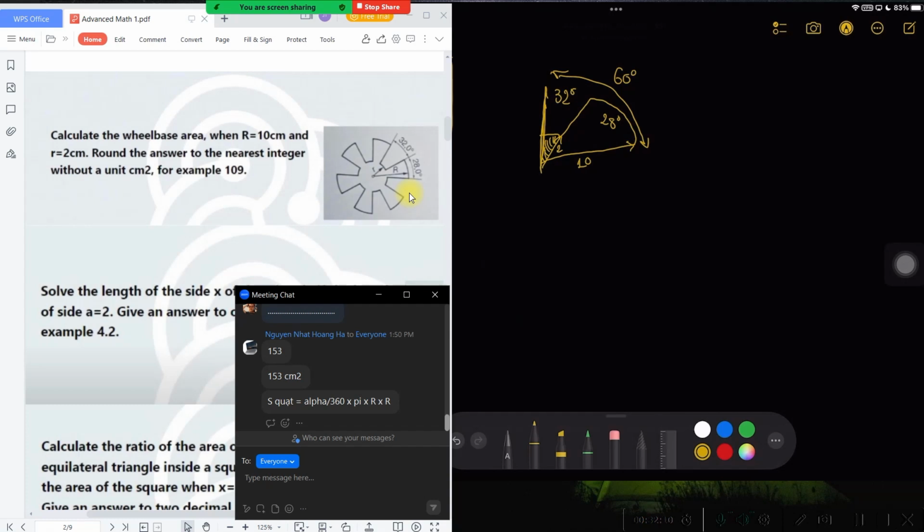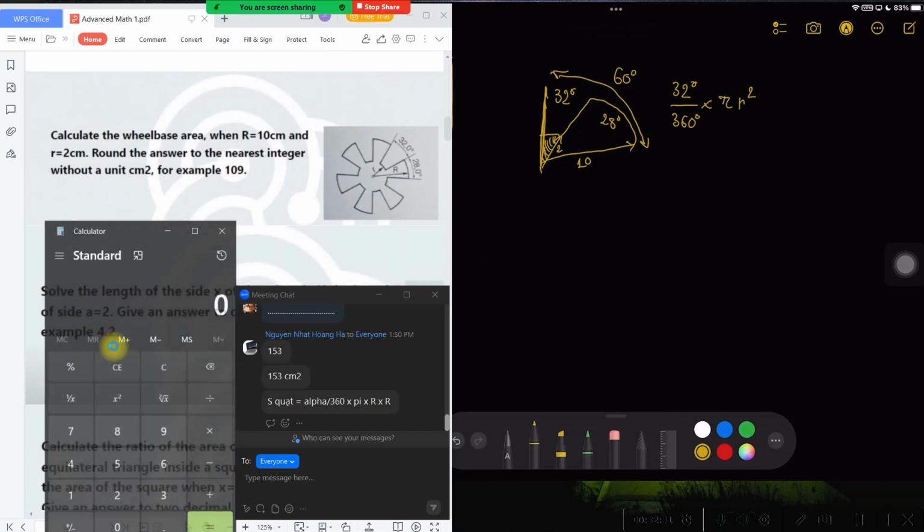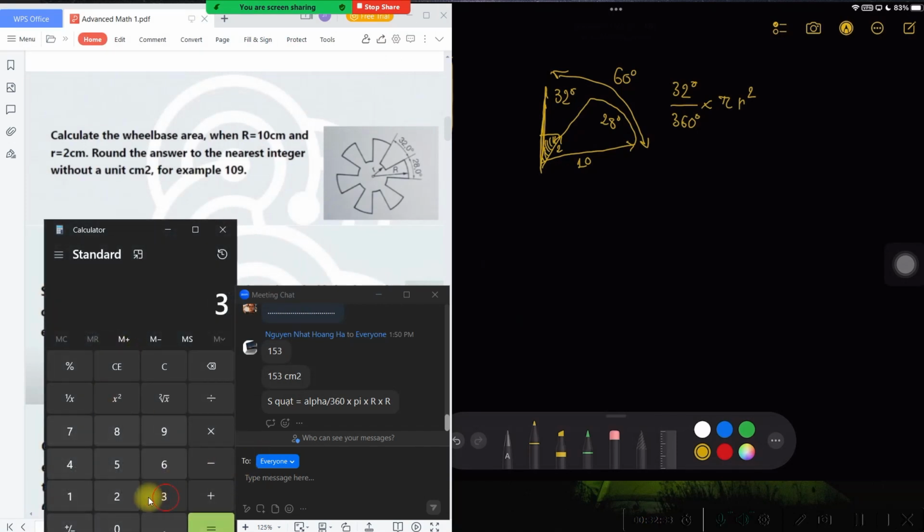Okay. So 32 degree, it's 32 degree over 360 times pi and r square, isn't it? This is a small piece. Okay, calculator. So we have 32 divided by 360.